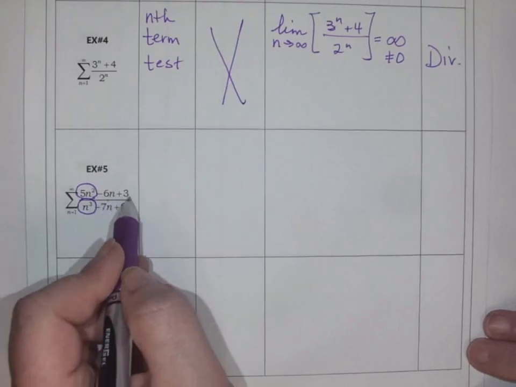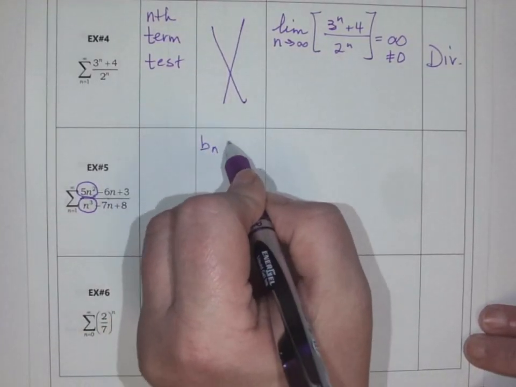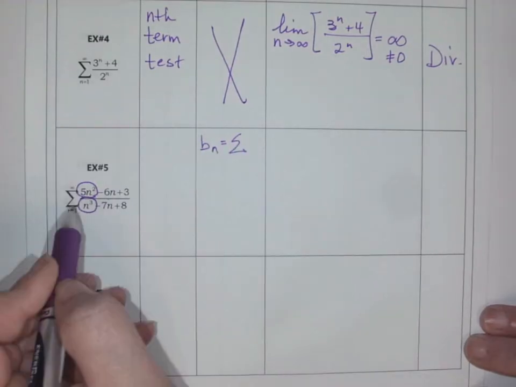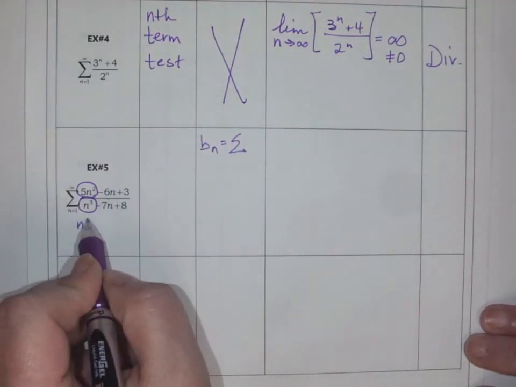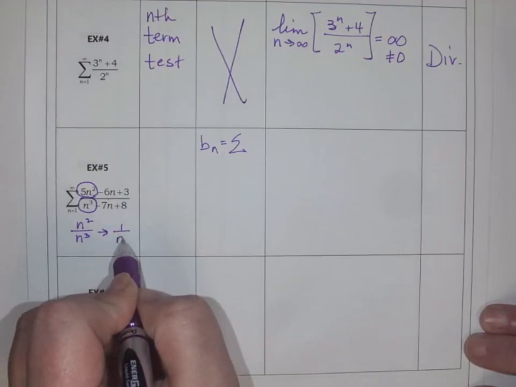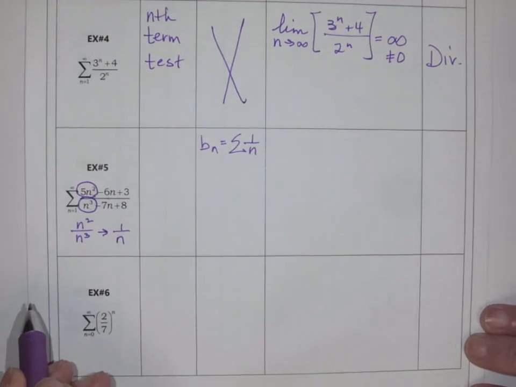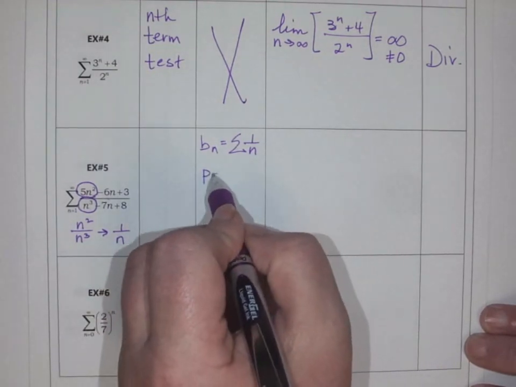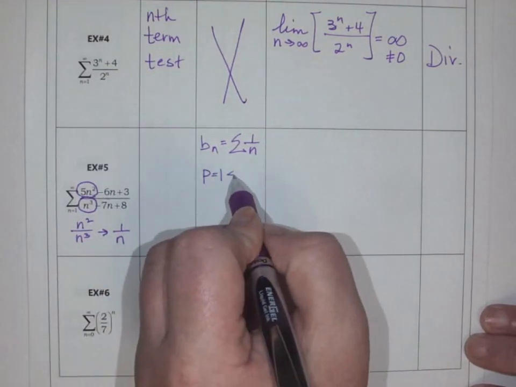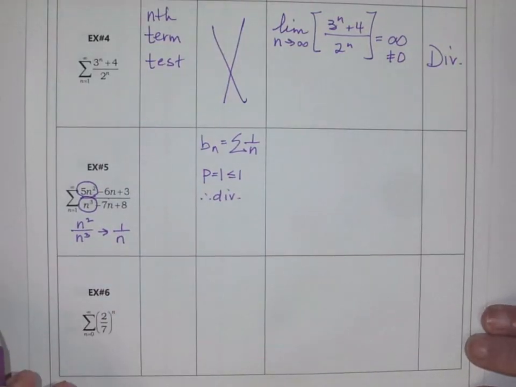Remember, when we have this rational function type situation, we want to compare it to a p-series. So we take n squared over n cubed and reduce it down to 1 over n. That's what I'm going to compare it to. In that case, my power is 1, which is less than or equal to 1, so therefore it diverges.